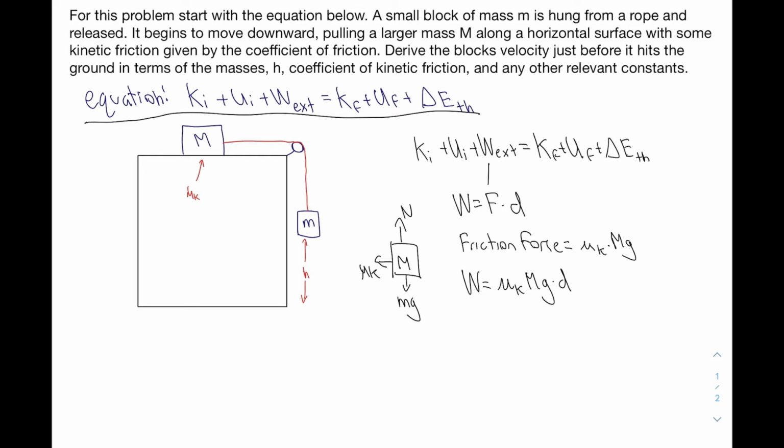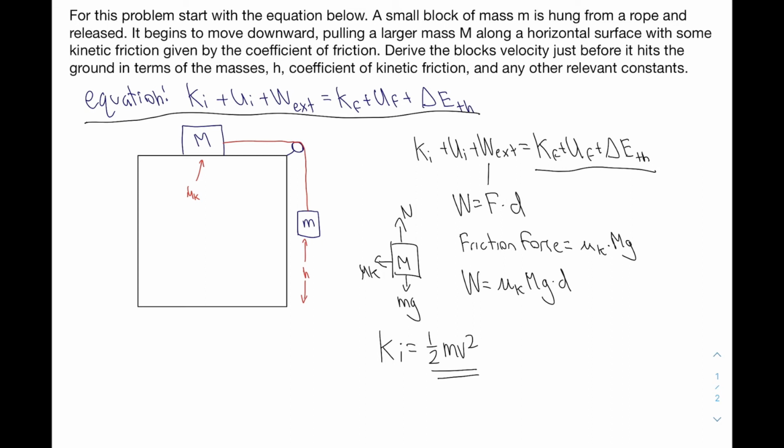So we found W. Now we have to find kinetic energy. Kinetic energy initially is going to be 1/2 mv squared. So we have that. And then potential energy is not going to be there initially. Now on the second part of the problem, there is going to be potential energy, but there won't be kinetic energy.